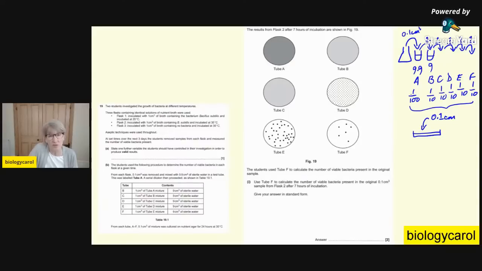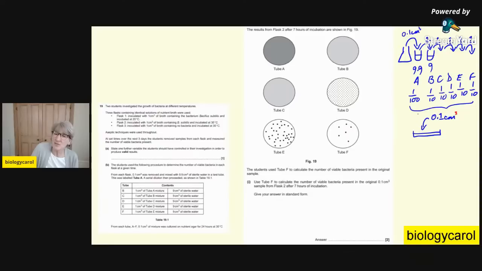That is a 100th dilution, and that was A. Then 1 centimetre of that was put into 9 centimetres cubed of water, or sorry, not of water, of broth, and that was B, 10th dilution. This was repeated down to F, and then 0.1 centimetres cubed of the dilution F was put onto F's plate. And you are told to use tube F to calculate the number of viable bacteria. Well, there are 6 bacteria on the plate.